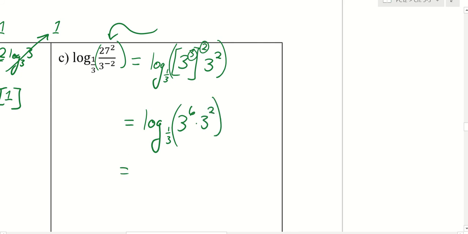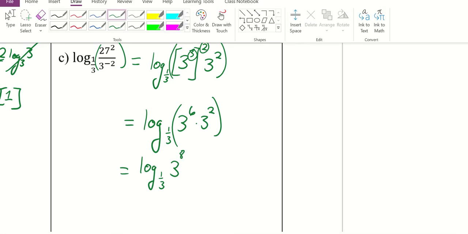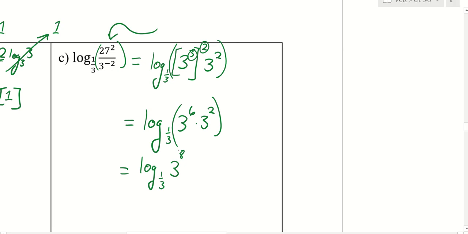And that's times 3 squared. And then simplify again. It's going to be log 1/3 times, what's my input now? Well, I'm just going to take the sum of these two exponents. So this is going to be 3 to the 8. 6 plus 2 is 8.